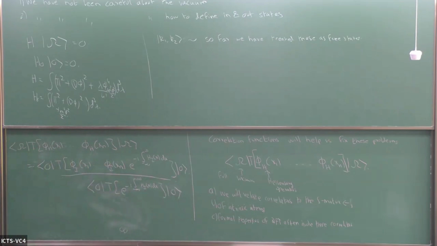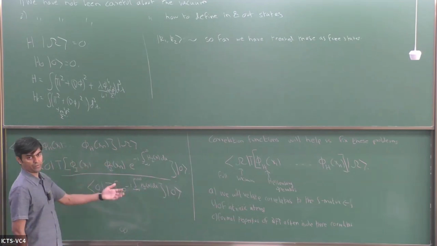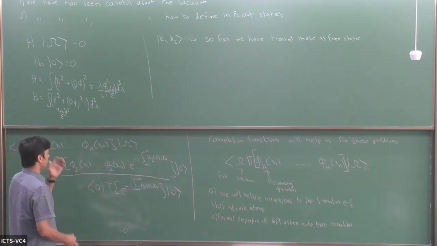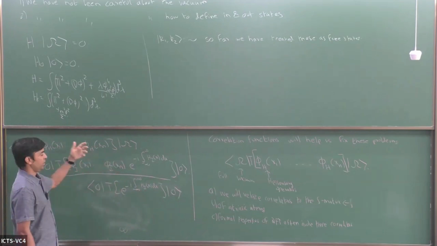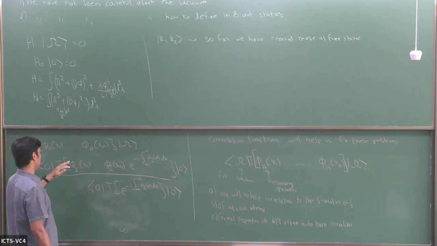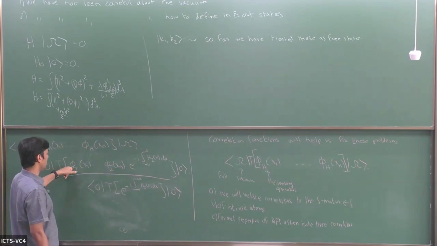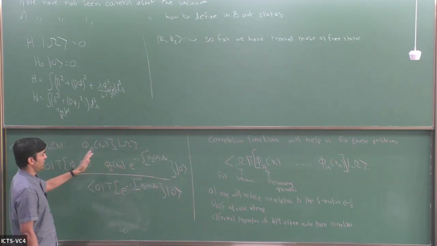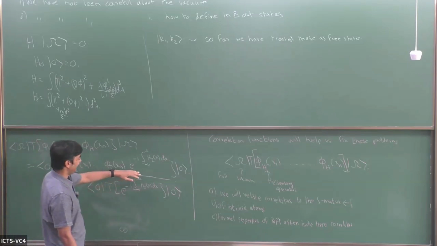You see, what we have learned to compute so far are correlation functions of interaction picture fields. Now I'm saying that this correlation function, which is a correlation function of Heisenberg picture operators, you can compute by computing a correlation function of ordinary interaction picture operators, time ordering it, and putting in this evolution factor.